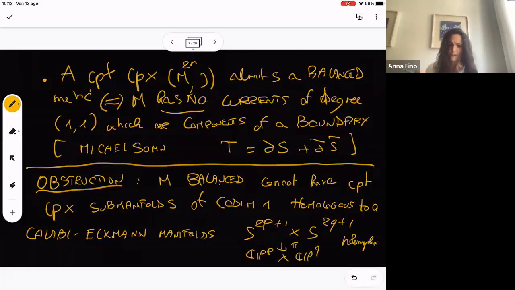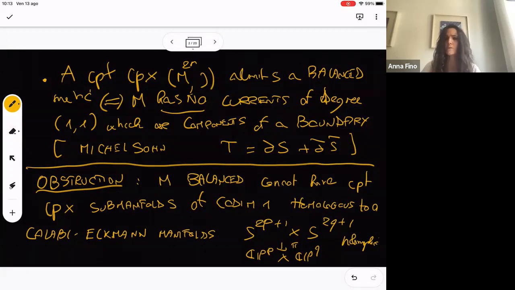Then one can show that, using this projection, you can easily construct compact complex submanifolds of codimension 1 which are homologous to 0. So these manifolds cannot have a balanced metric.